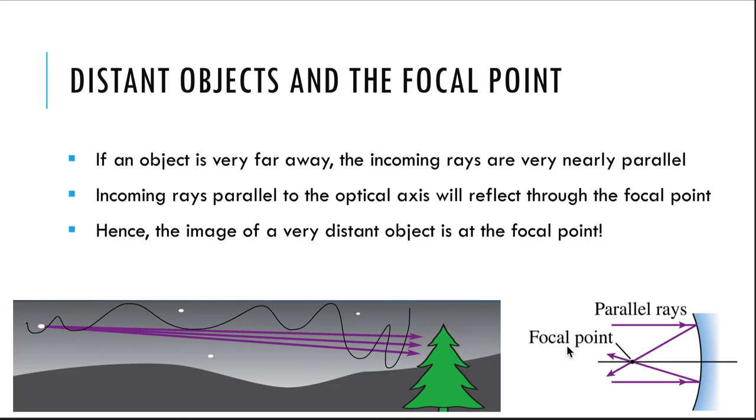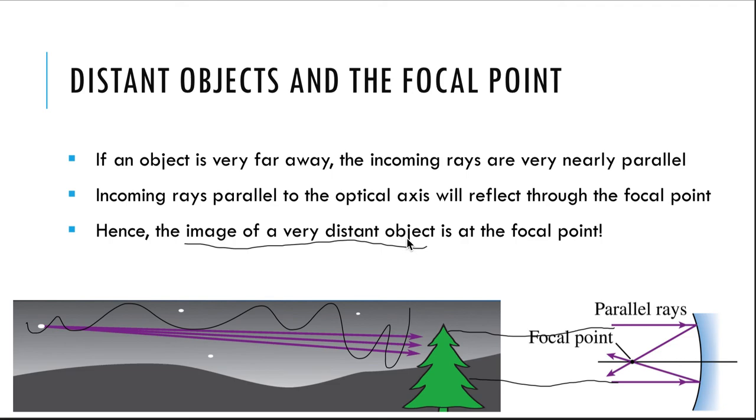Let's say this tree is very, very far from this mirror, then any rays hitting the mirror from the tree are nearly parallel to this optical axis, and they will reflect to the focal point. And wherever your rays intersect is where your image is going to be formed. Hence, the image of a very distant object is at the focal point.